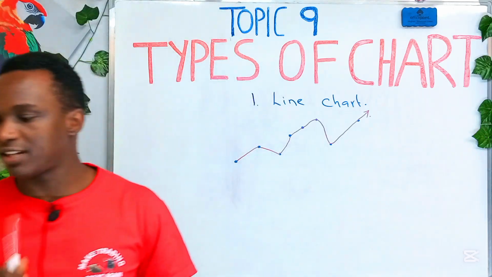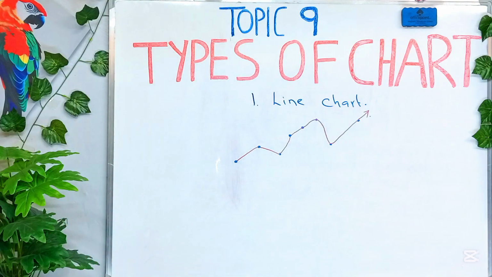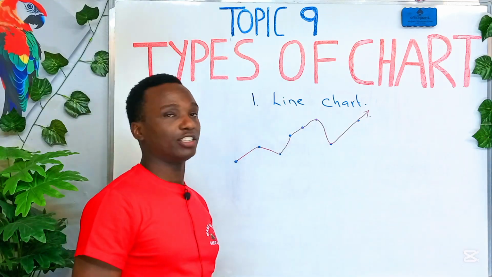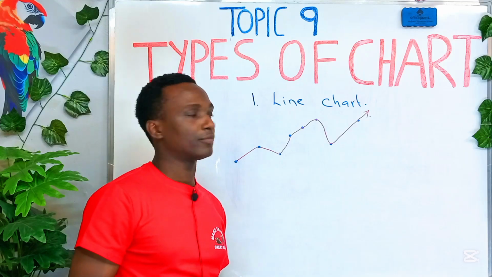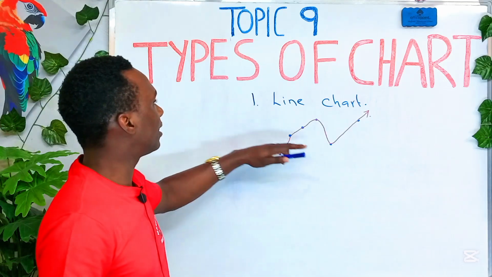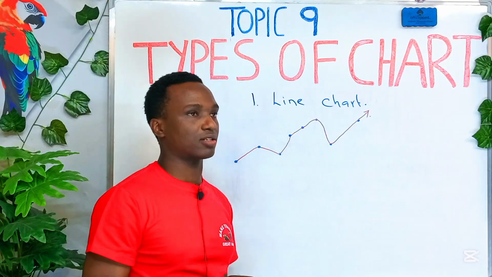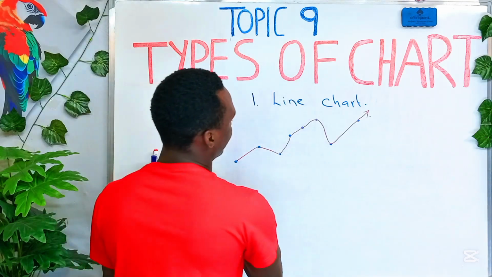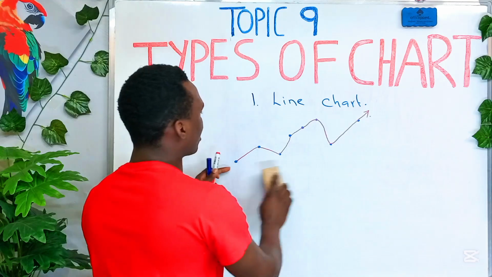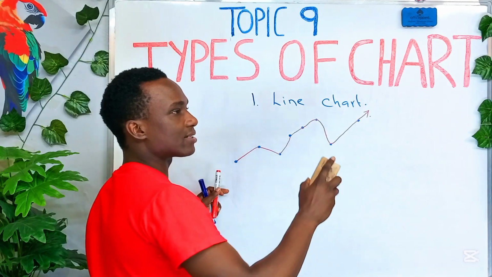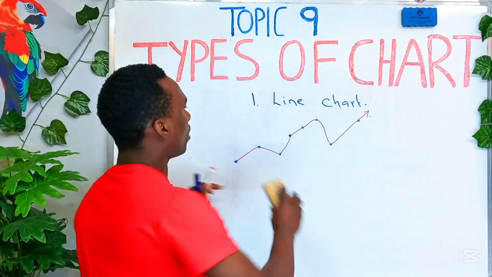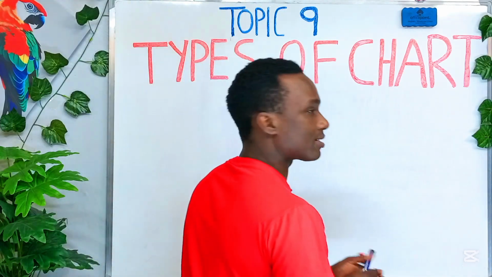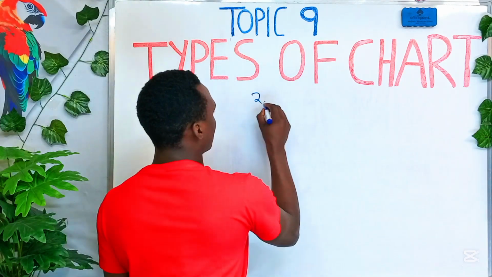Can I see your MT5? Yes, that is correct. That is a line chart. Good. So in the next segment we are going to look at a bar chart. This is as simple as a line chart gets. The disadvantage of the line chart is that it does not show you wicks or shadows when you are doing your analysis. So secondly, we are looking at the bar charts.